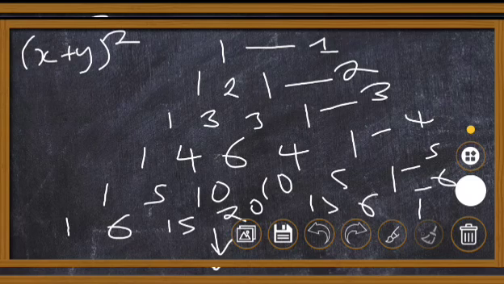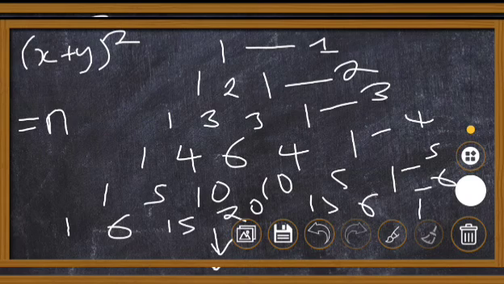Okay, so let's write a formula. The formula that we are going to be using is this one, where we will have, let's say, n. So n will represent the coefficient. This will make sense later.